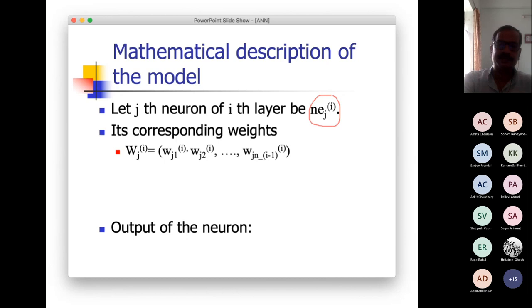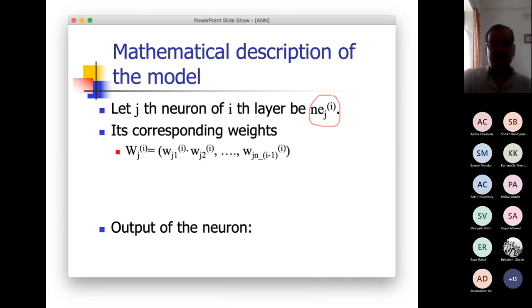As you can see, since it is a fully connected feed-forward network that we are considering, for the jth neuron of the ith layer, i is a subscript here.